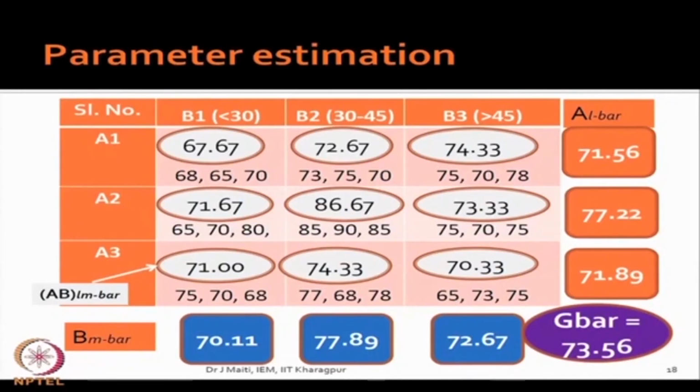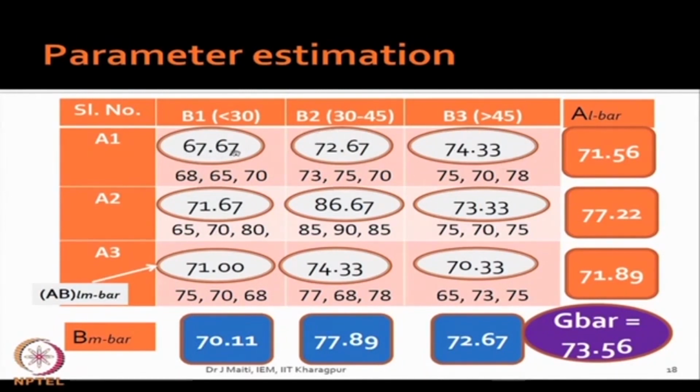So, you see that this calculation we have done like this. So, this is our 71.56, this A_L bar. If you subtract this minus this, you will be getting the tau 1, 77.22 minus this tau 2, 71.89 minus this tau 3. Similarly, beta 1, beta 2, beta 3. Similarly, you will be getting tau beta 1 1, tau beta 1 2, tau beta 1 3.